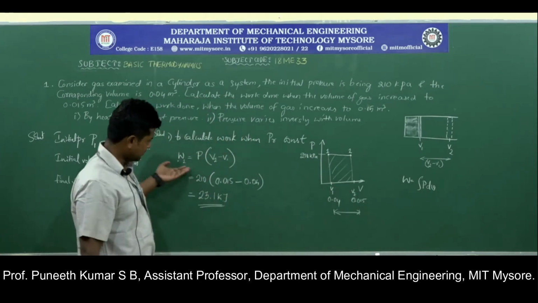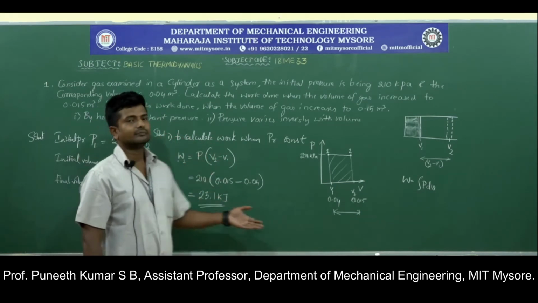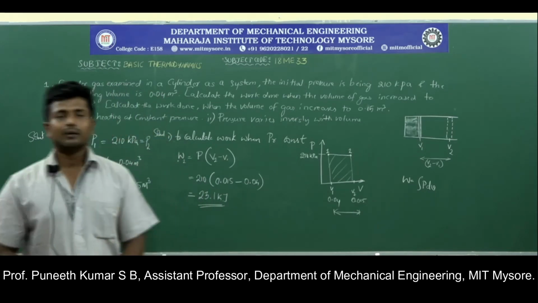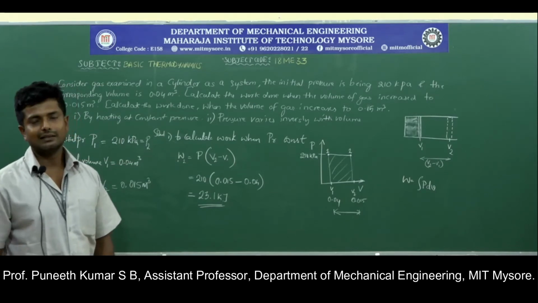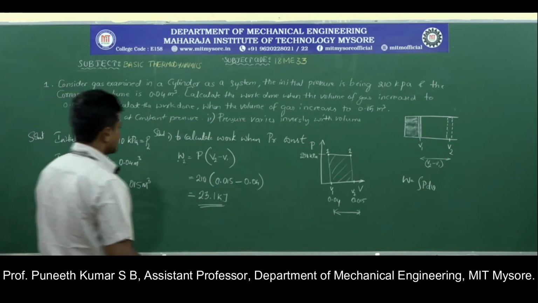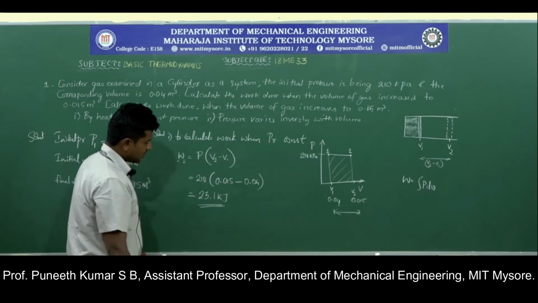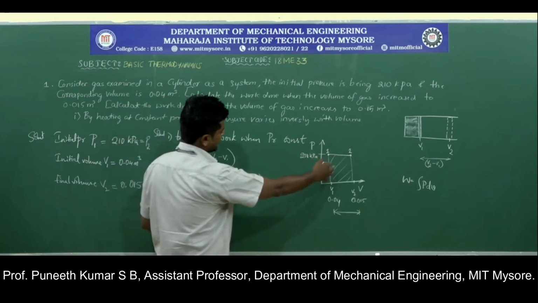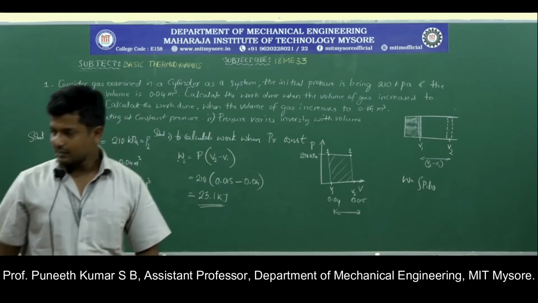So basically the formulation of work in thermodynamics, W equal to integral PdV, always represents the area in mathematical terms. Doing that, we have got a value of 23.1 kilojoules. Suppose you do it on graph sheet, once again you will get the same value. So going to the next step.